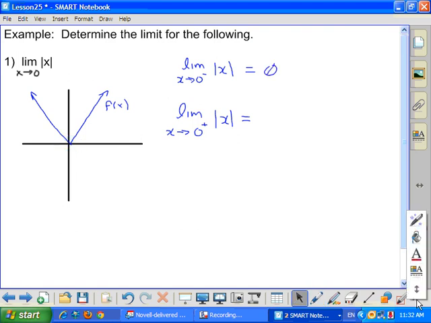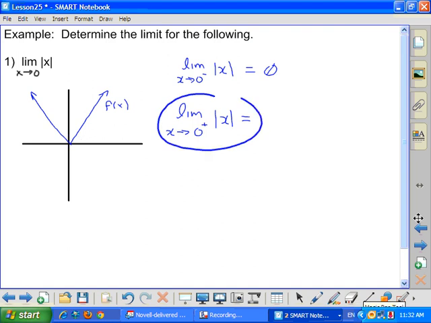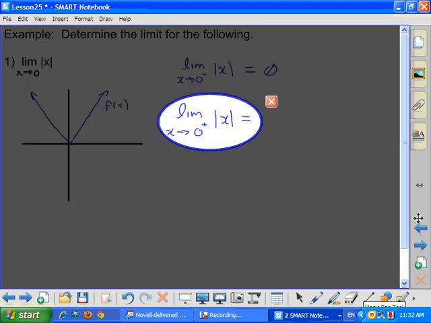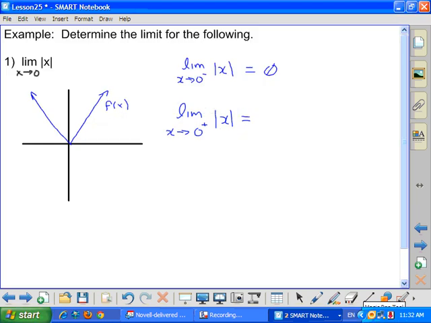Now, when I do the second limit, as x approaches 0 from the positive side, I'm now putting my pencil on this side of the graph, and I'm heading back toward x equals 0, and I'm looking at what it appears it's going to be. It appears it's going to be 0.